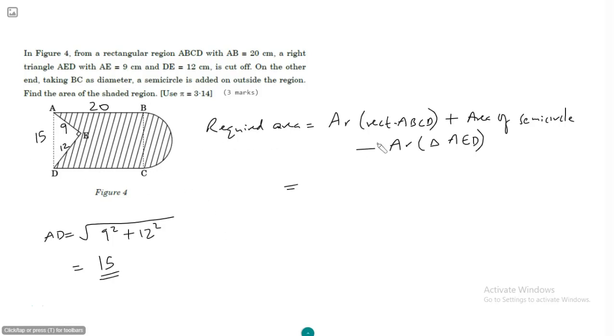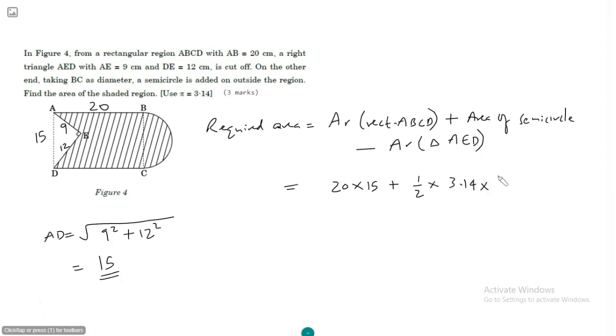Area of the rectangle is going to be length times breadth. So that's 20 times 15. Area of the semicircle. You know that the diameter of the semicircle is BC. That's given in the question. Taking BC as diameter, you're drawing a semicircle. So the radius is going to be BC by 2, right? That's 15 by 2. So area of the semicircle is half pi r squared. So pi is 3.14 here.